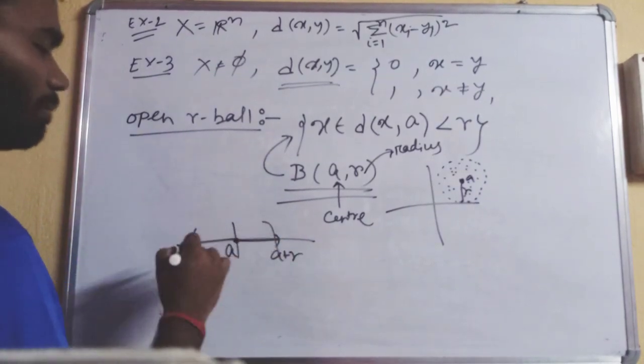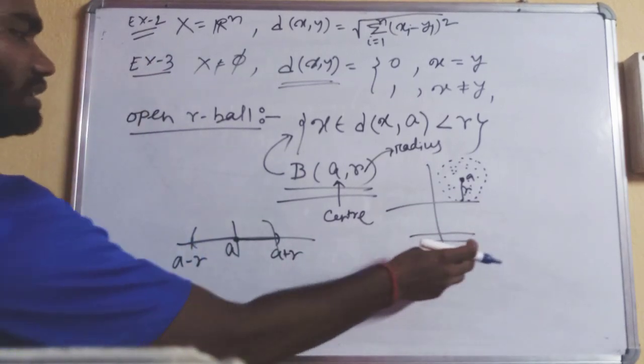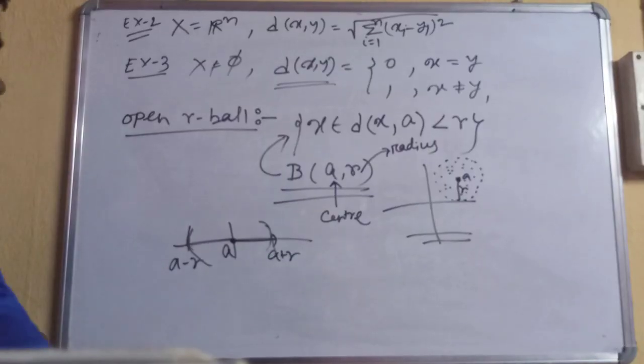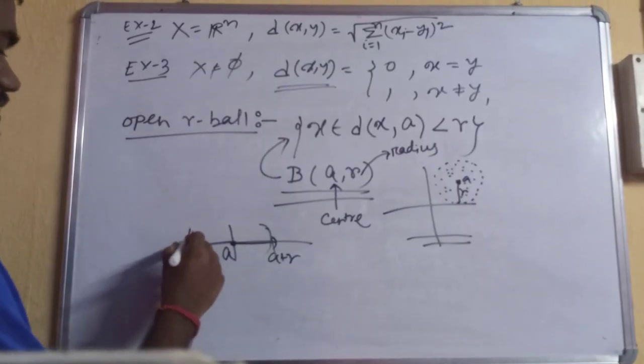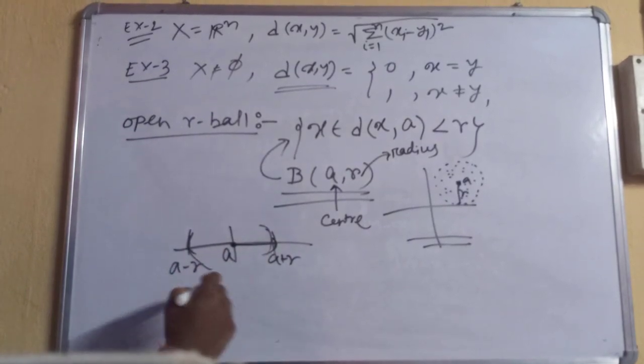It is an open interval, and it is the general case, so we will get a ball. Now see, in one dimension it becomes an open interval, right?